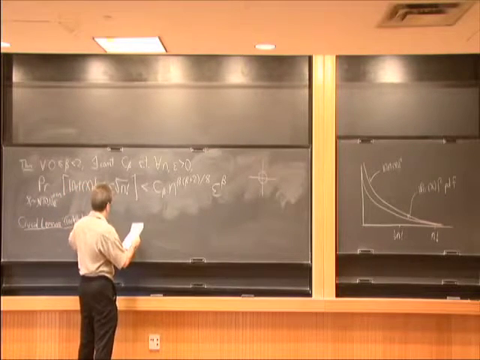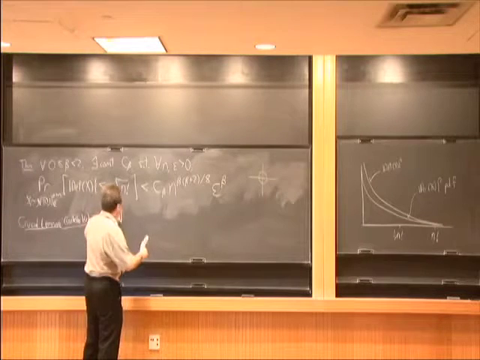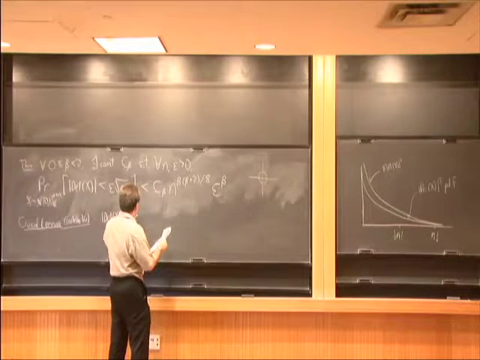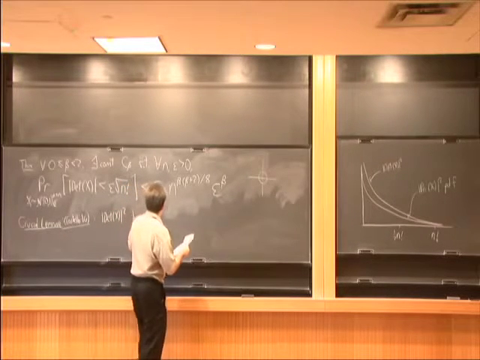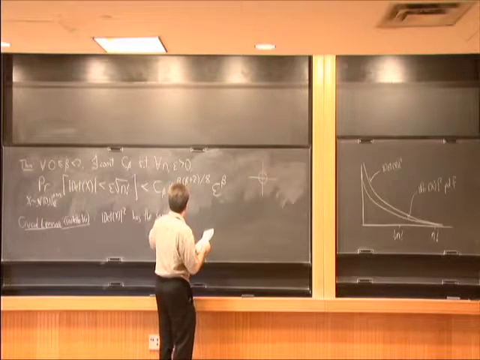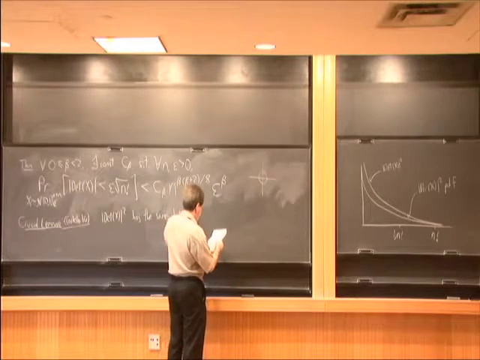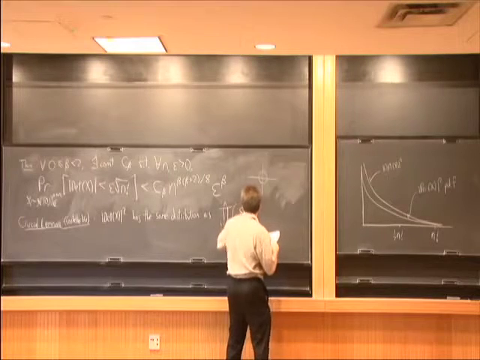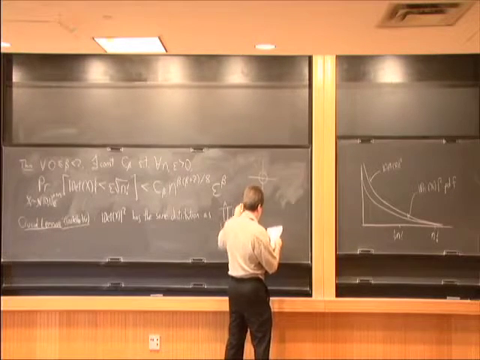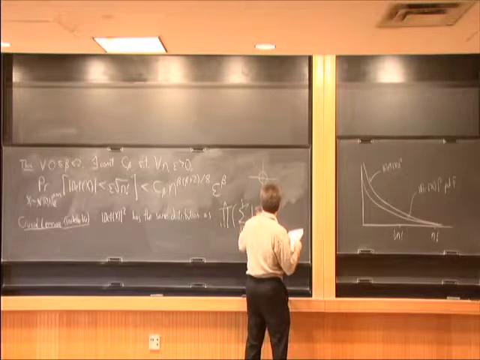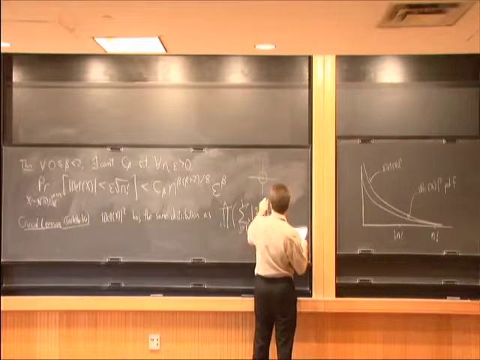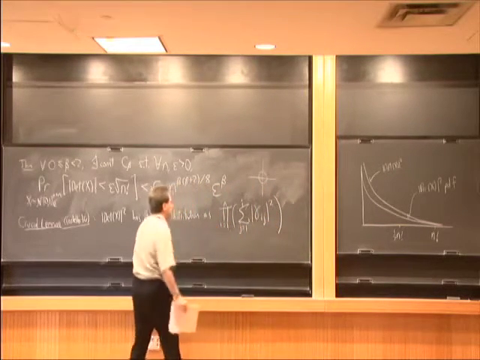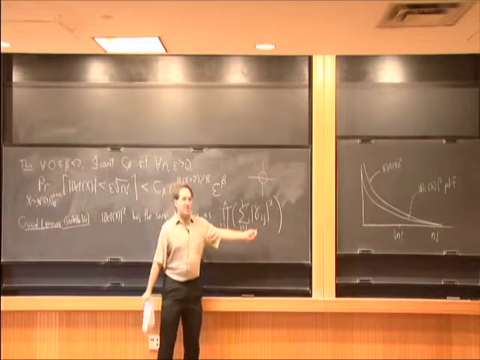It says that if you look at a Gaussian matrix X, its absolute value of determinant squared has the same distribution as this, where the gamma ij's are IID Gaussians.